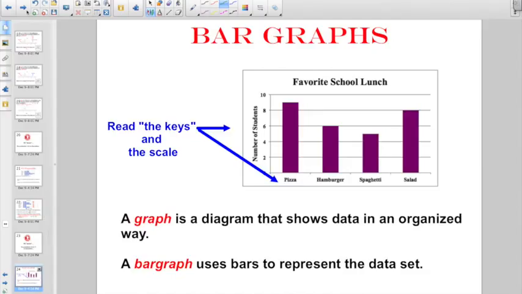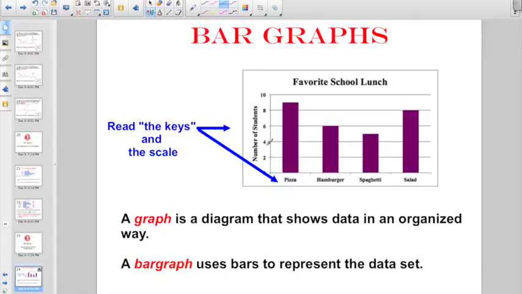All right, welcome back. One more way of organizing and displaying our data is with bar graphs. A bar graph uses bars to represent the data set. As always, the key to success is reading the keys and the scale.